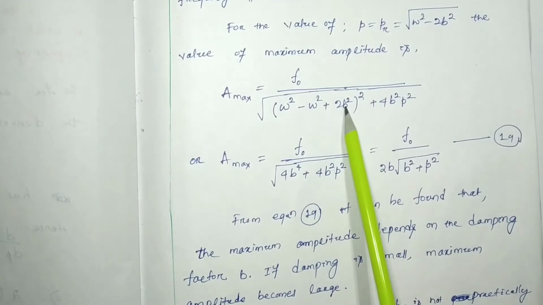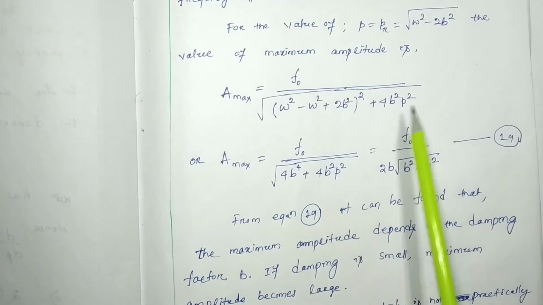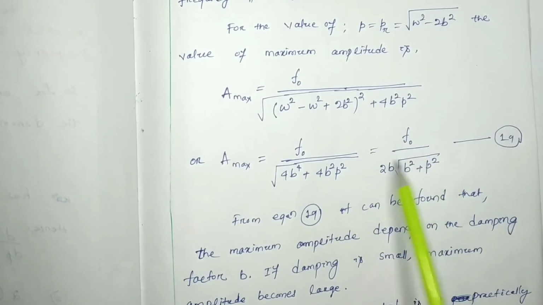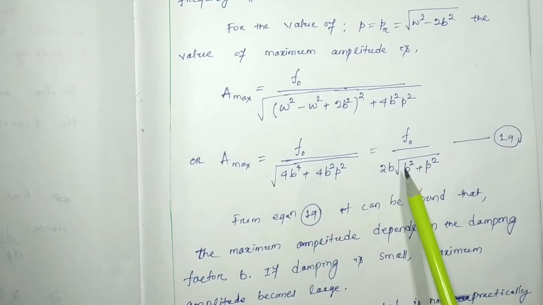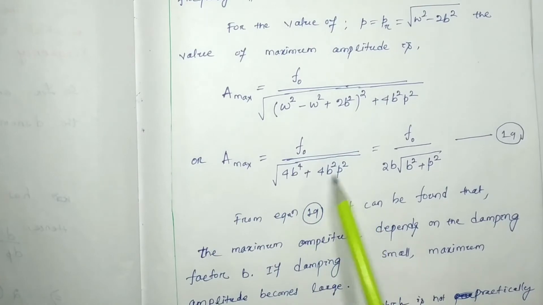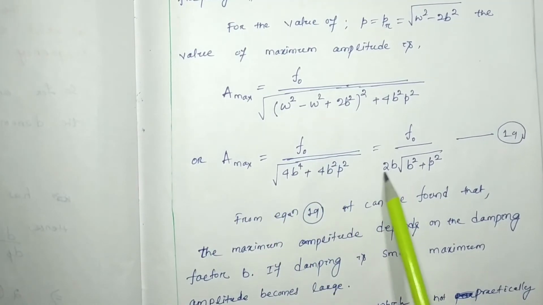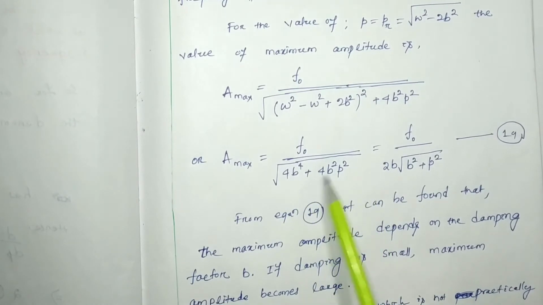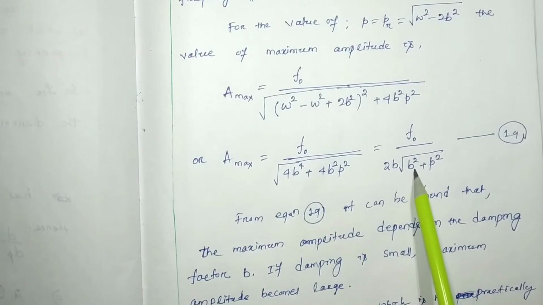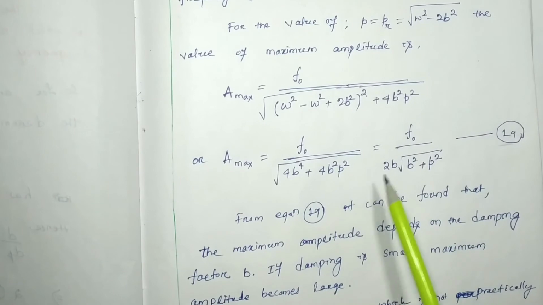Then this 2b square whole square will be 4b to the power 4 plus 4b square p square. 4b square p square will be equal to f0 by, we can take 4b square common from the two terms. Outside the root it will be 2b, so inside the root we get b square plus p square. Let this be equation number 19.